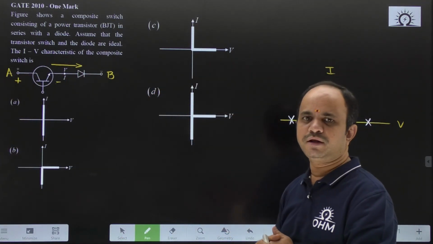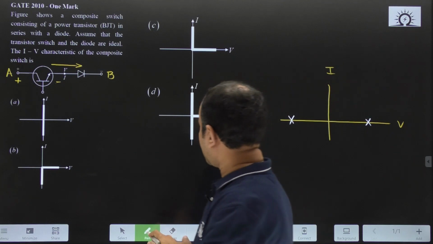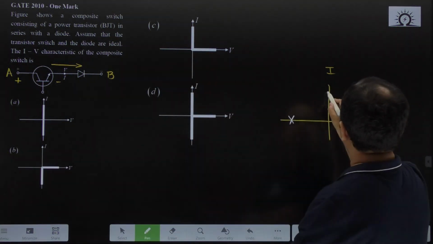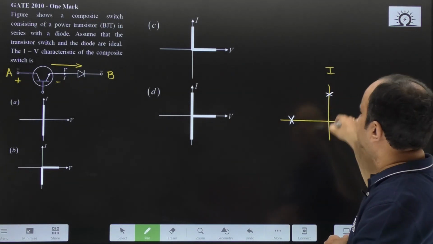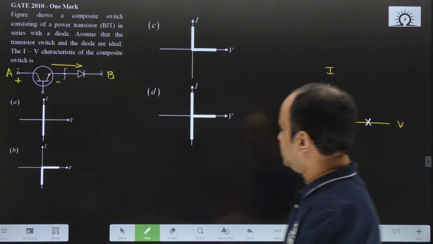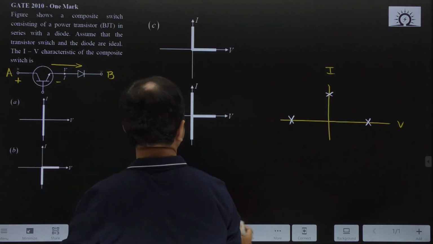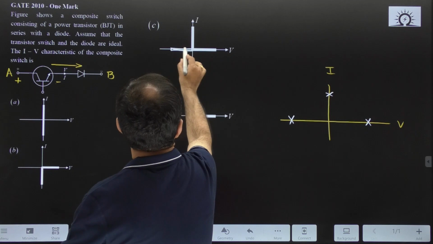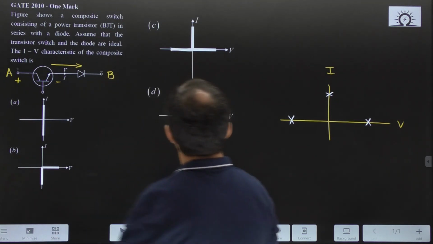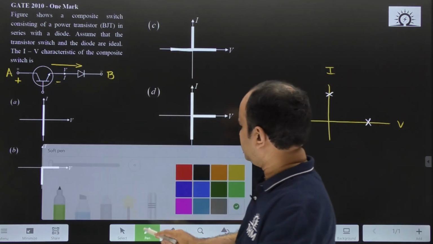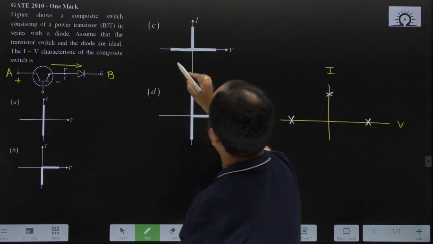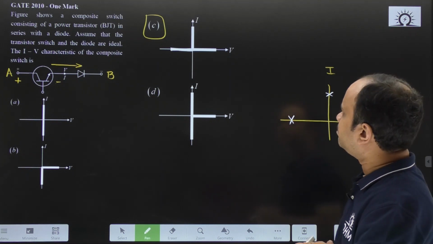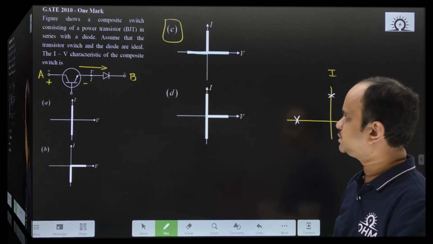B to A, this current cannot carry. Therefore, the answer should be a bipolar and unidirectional switch. So, the characteristics should be something like this. So, this is how the answer will be. So, with this the correct answer will be option C. Basically, it is a bipolar and unidirectional switch.